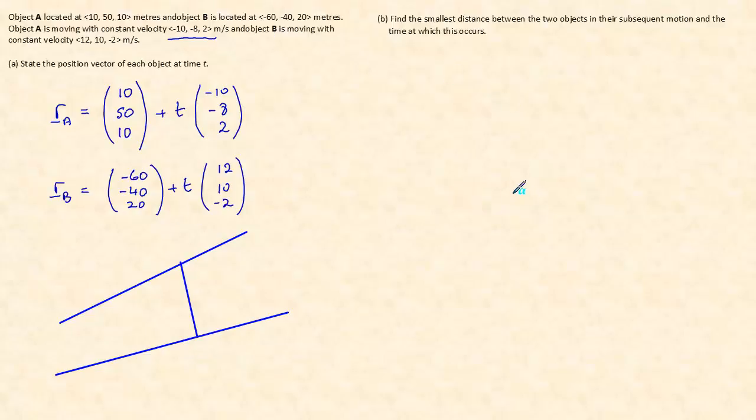Now it's a common question, and this is how you do it. What we do is work out the relative position vector. So we'll do RA minus RB, and this relative position vector is called ARB.